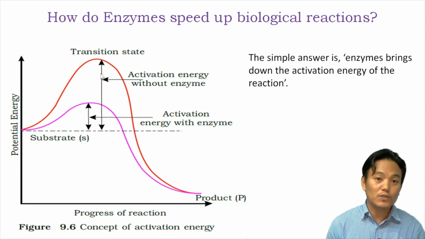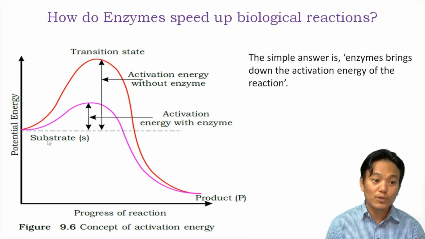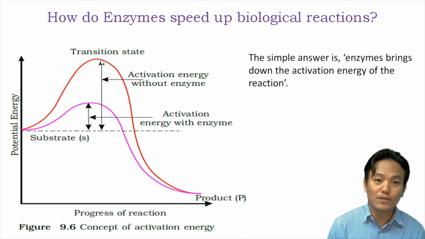When there is no enzyme involved in this particular reaction of conversion of substrate into product, look at the red line. How much energy input is required? The substrate needs energy to reach the peak level, the transition state level, shown by the dotted line. In order for the substrate to start transforming into product, it has to reach this transition state.